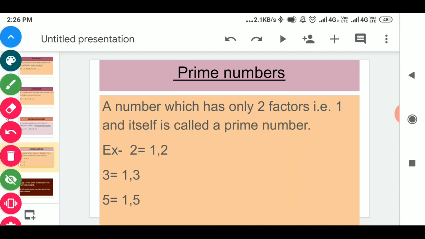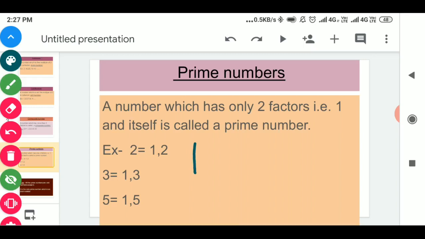If we talk about 3, 3 is divisible by 1 and 3 only, so 3 is a prime number. Then 5 is divisible by 1 and 5 only, so 5 is a prime number. So we have seen that those numbers which have only two factors, 1 and the number itself, are prime numbers.